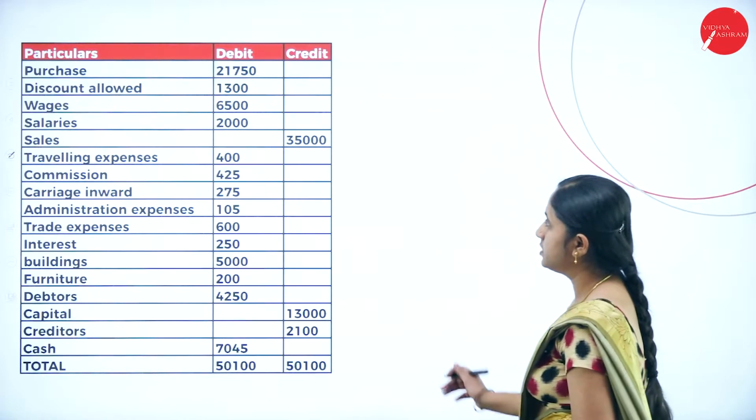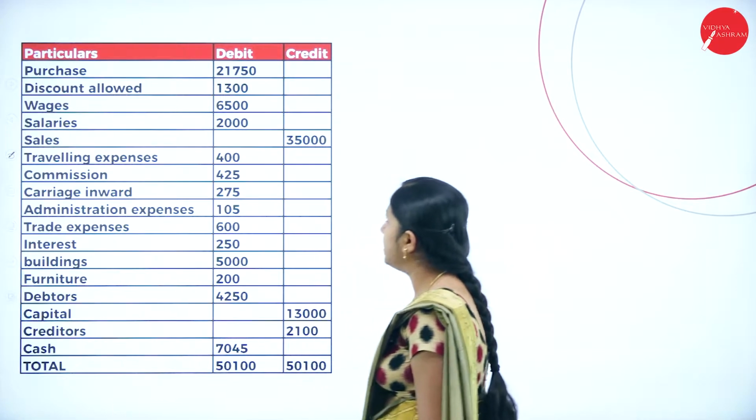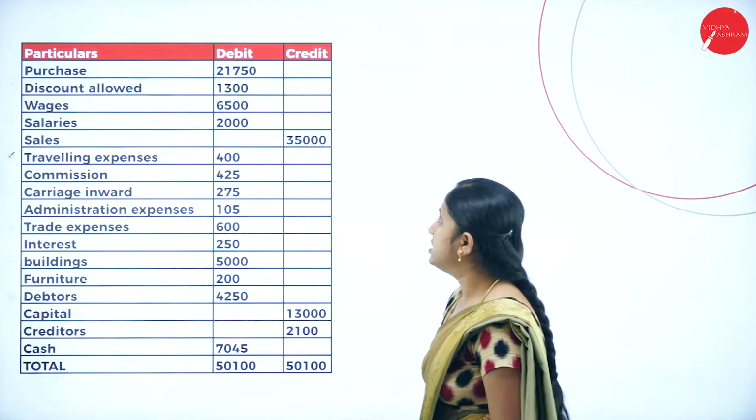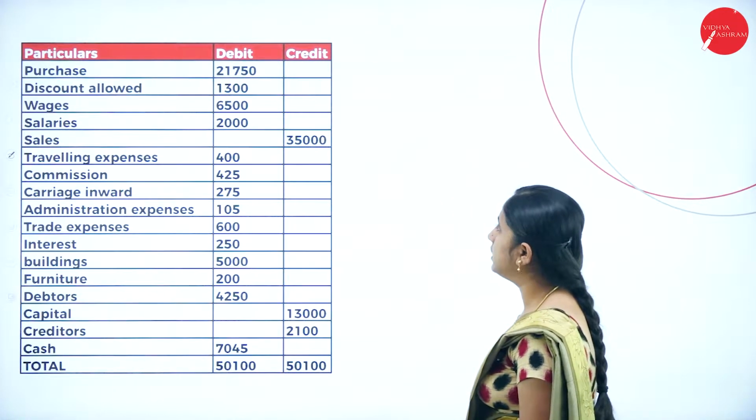So, just look at the problem. This is the trial balance. Purchases, debit side, 21,750. Discount allowed 1,300. Wages 6,500. Salaries 2,000. Sales 35,000.